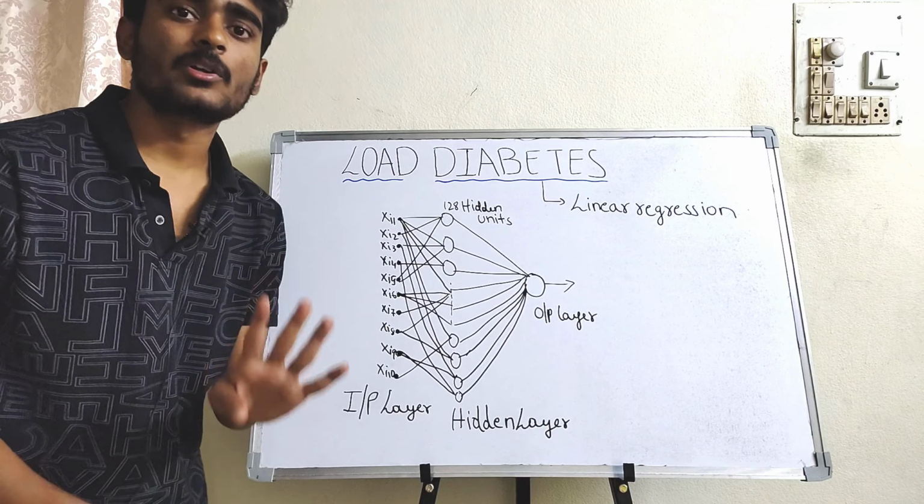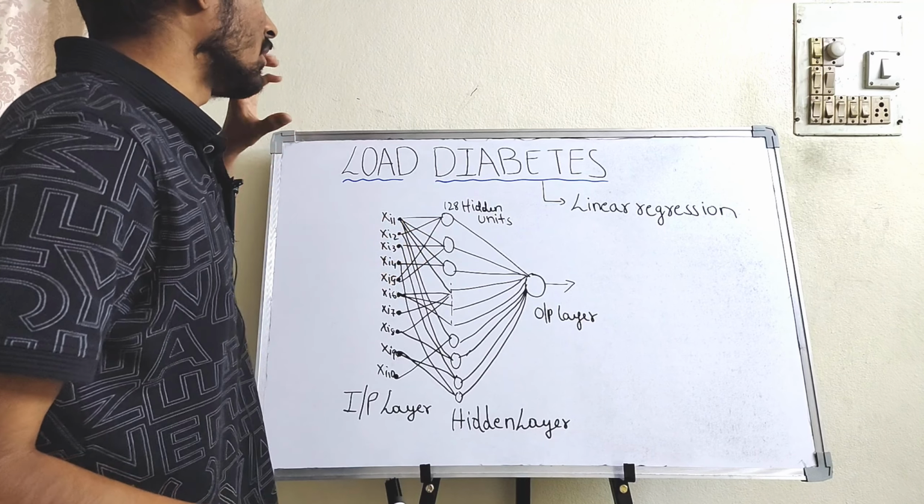This dataset consists of 442 samples with 10 input features, let's say age, BMI, blood cholesterol, etc. Based on these 10 input features, our aim is to predict the diabetic level of a person.